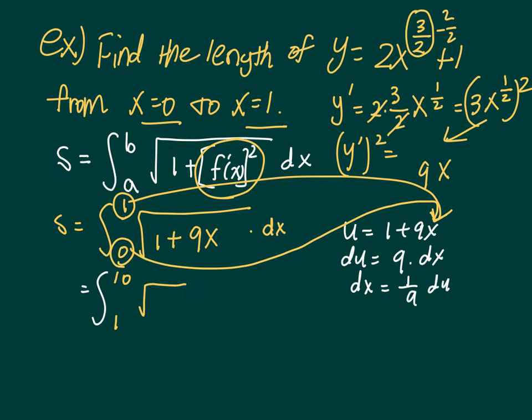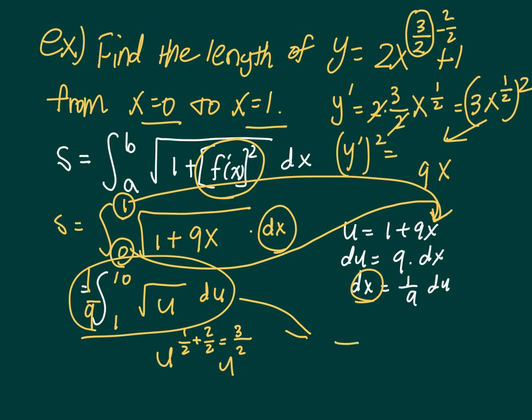So I have the square root of u, and instead of dx, I'm going to have 1 over 9 du in here. Since the square root of u is u to the 1/2 power, if I add 1 here, I'm having u to the 3 over 2 power.